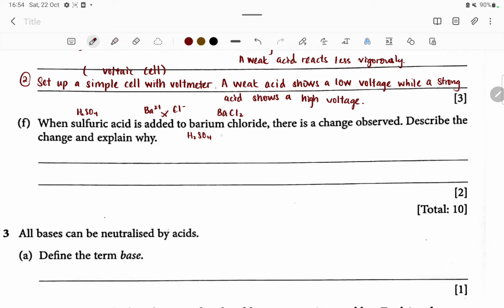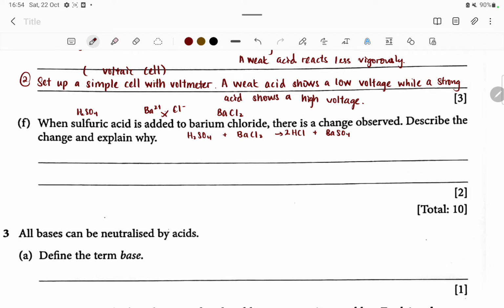H2SO4 plus BaCl2. Acids actually will react with salts also. They will exchange partners. So H will be with Cl, so this one is HCl, plus BaSO4. And then to balance the equation, 2 hydrogen, 1, so multiply by 2, 2 Cl, 2 Cl, SO4, SO4, so it's balanced.